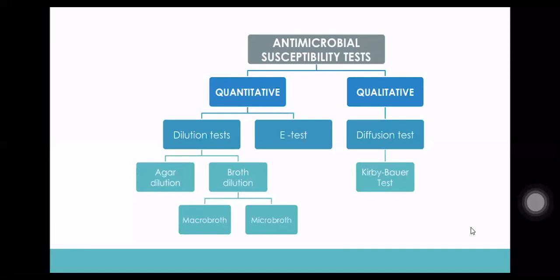Si broth dilution, amo na siyang nakaset up ang habay ko nga sa tubes bala, several tubes with several concentrations because they have a lot of dilution or concentration. So, macro broth man na siya or micro broth. And then si e-test or ginatawag siya natin na epsilometer test. So, amo man na siya. May concentration man na siya karon nga makita ninyo.